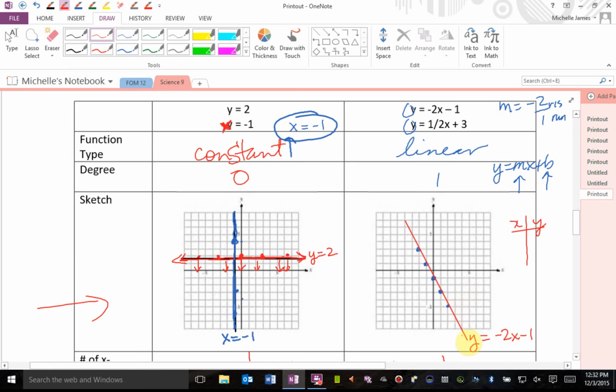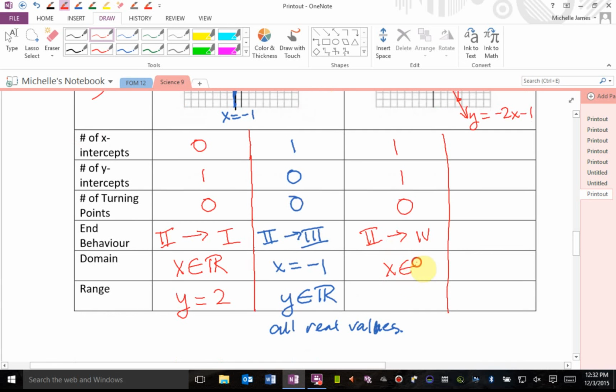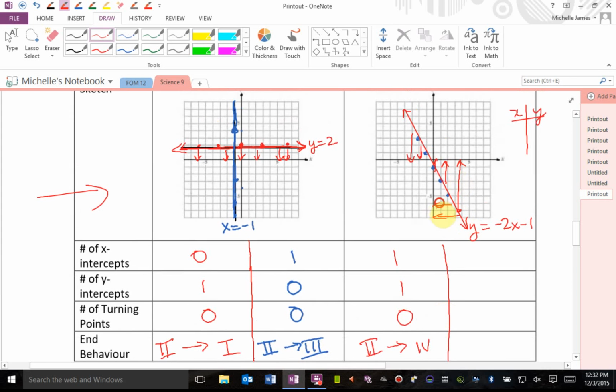My graph goes on forever, so if you were to trace every single ordered pair towards the x-axis, I could use anything. So it's all real numbers. And then what about my range? Same. Because those graphs go on forever, I could always trace towards my y-axis and get a y value.